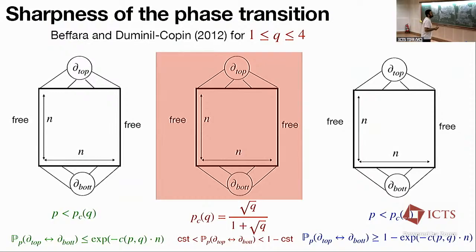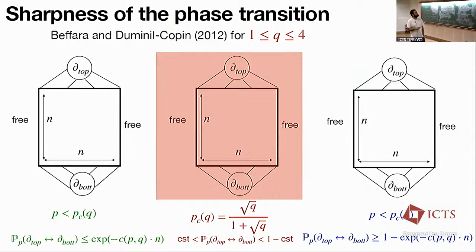I showed you pictures of this phase transition. Now let's try to make it slightly more quantitative. This phase transition is called sharp. There is a result by Beffara and Duminil-Copin, and maybe it requires an improvement with Sidoravicius, which was made years later, depending on what you take.